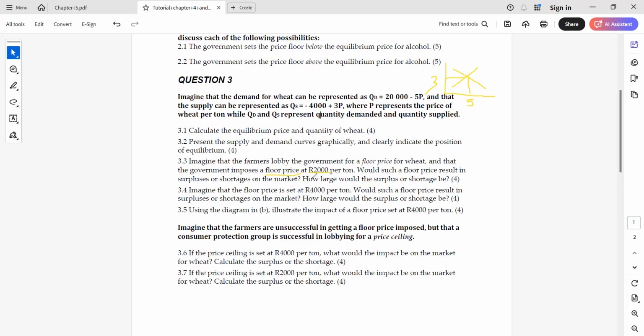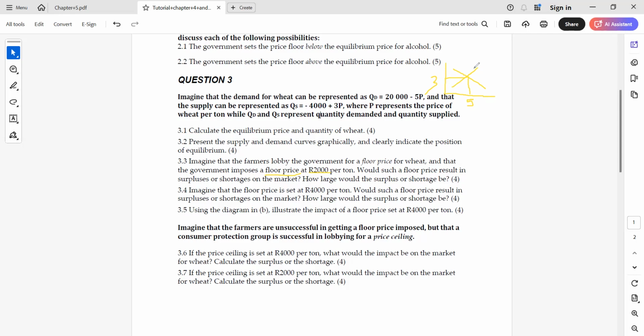So this would be ineffective. But I'll continue with the question to see what it wants. Will such a floor price result in a surplus or a shortage? It will not result in anything because it is ineffective. How large will the surplus or shortage be? There's no surplus and no shortage, because the price floor is set below the equilibrium price.